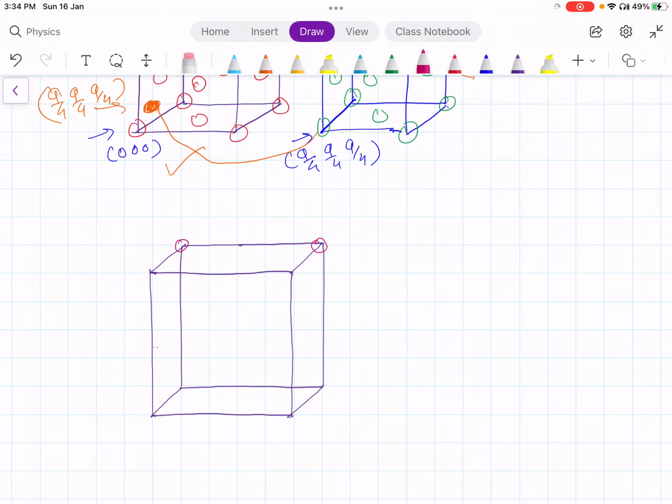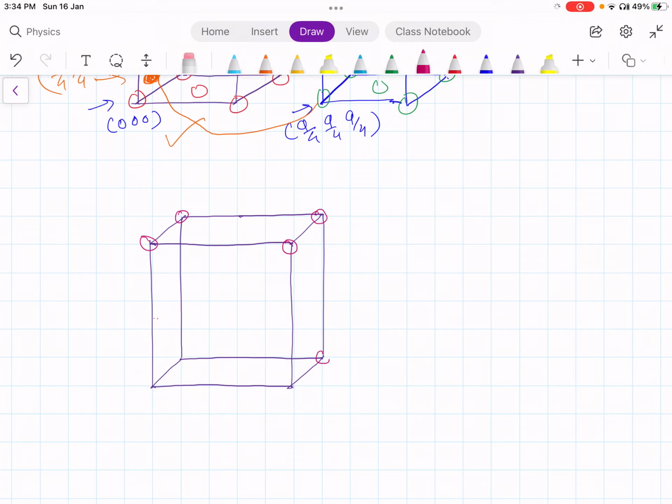There are 8 corners. These are the 4 of upper surface, of bottom surface, and then there are 6 face center.